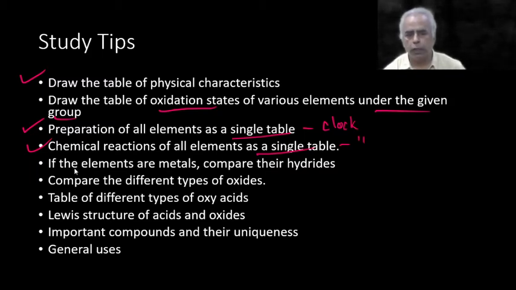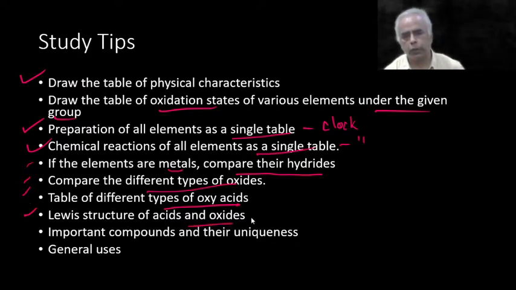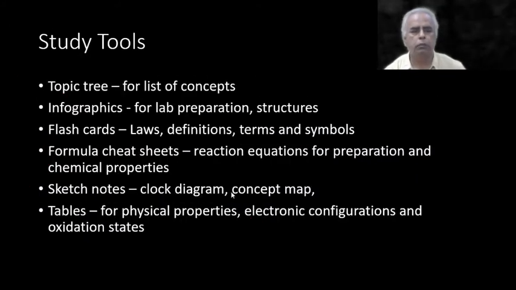Then if the elements are metals, compare their hydrides and particularly oxides, then oxyacids, and then you have to remember the Lewis structures also. So write down the Lewis structure, and I think we have explained how to draw Lewis structures in a separate video. Please visit our channel where you can find it. Then important compounds and their uniqueness can be mentioned, and finally general uses can be mentioned.